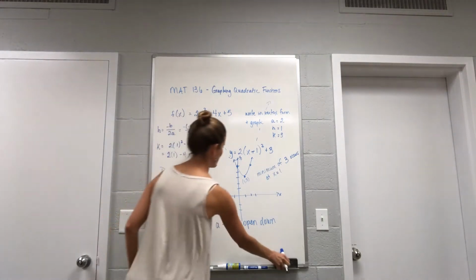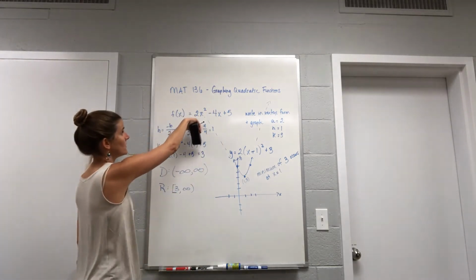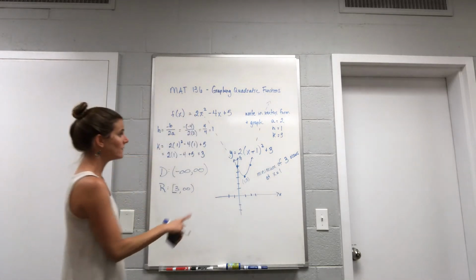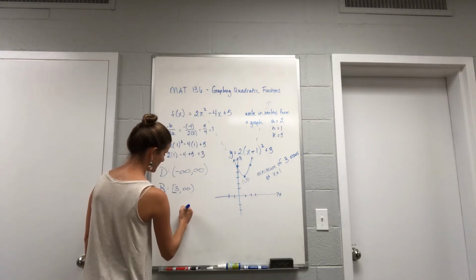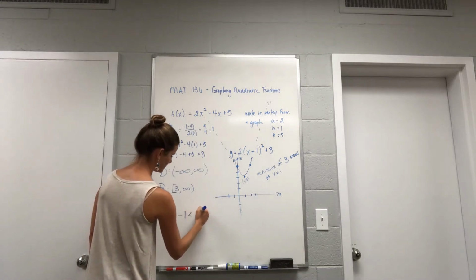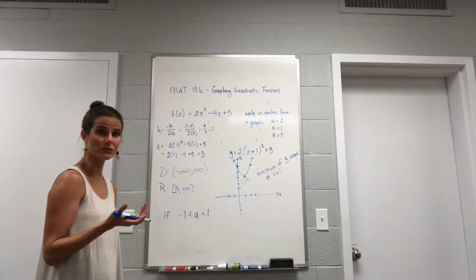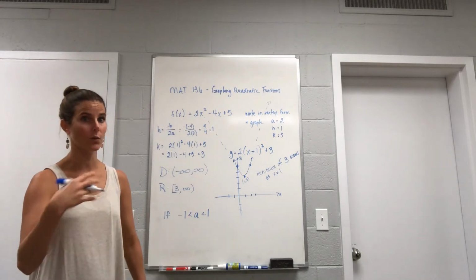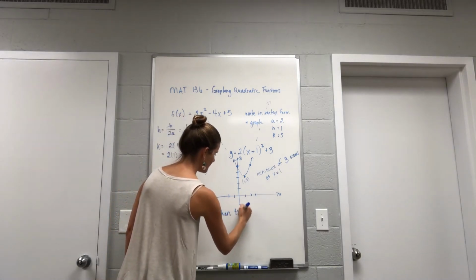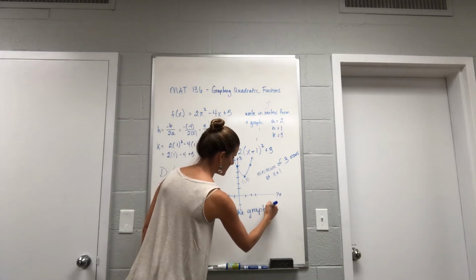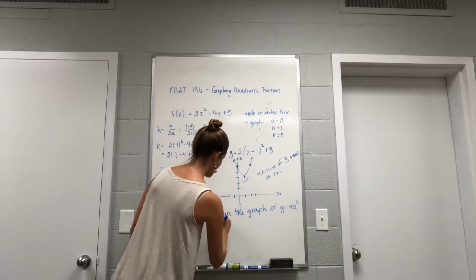And then the only other thing to talk about with these is what that lead coefficient means. If A is between negative 1 and 1, meaning it's a fractional value, like negative 1/2 or 1/2, then the graph becomes wider.